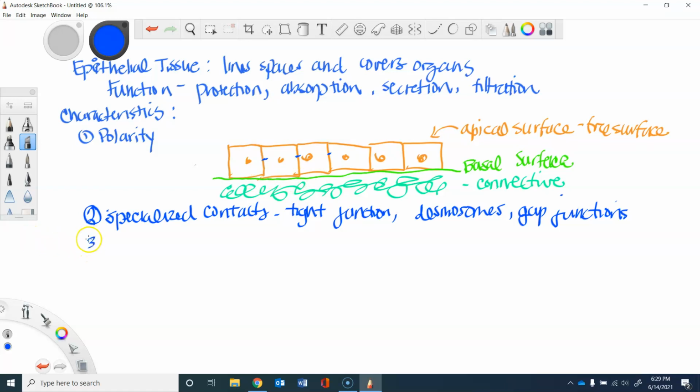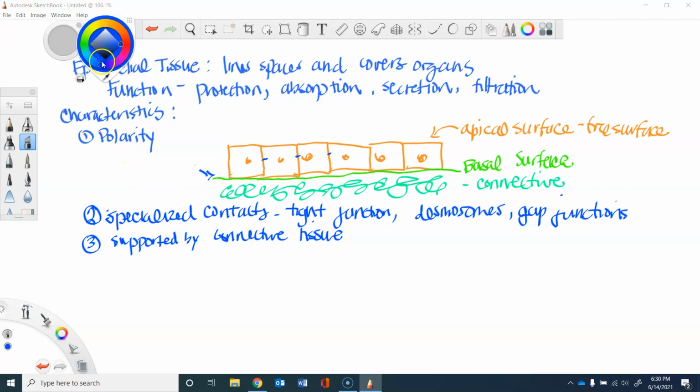Okay? The third thing is that all epithelial tissue is supported by connective tissue. So you can see I wrote that in here. This is connective tissue. There's basically two parts of it. So we have the basal lamina, which is that first little layer.